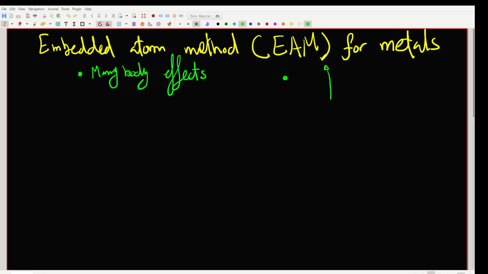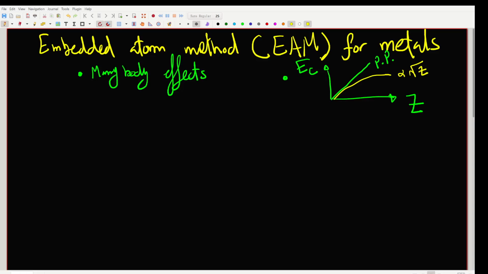If you plot the number of neighbors, Z, against the cohesive energy, pair potentials give you a linear relationship, while quantum mechanical calculations and experiments suggest a nonlinear behavior, which can be approximated as a square root of Z. Of course, it's not as sharp as the square root of Z, but approximately.